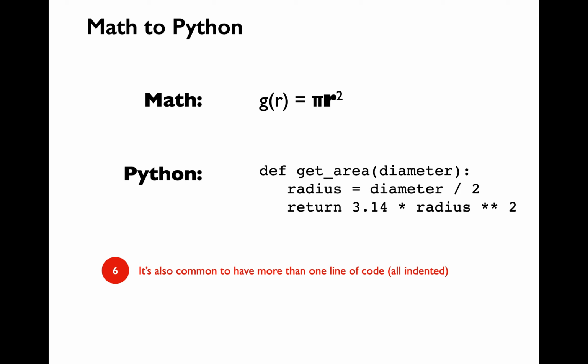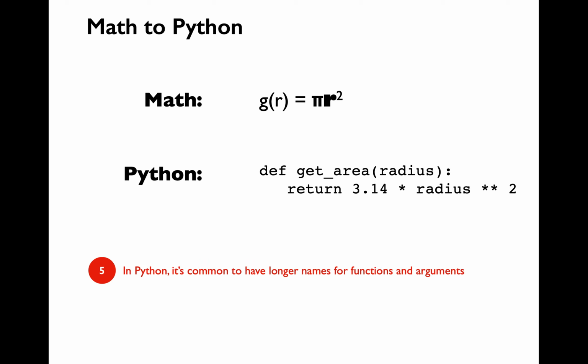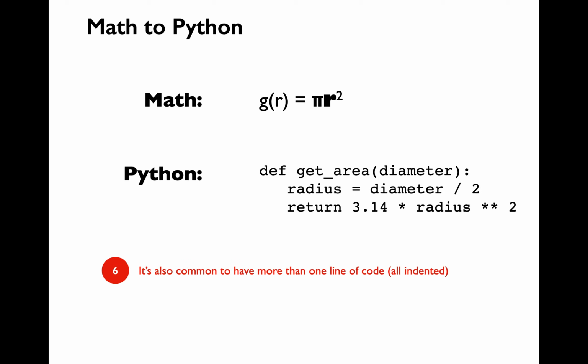In Python, you're allowed to have any number of lines of code within the function definition. For example, instead of using radius as the parameter, you could define diameter as the parameter, and you can think of adding a radius computation line inside the function definition here, which computes diameter divided by 2.